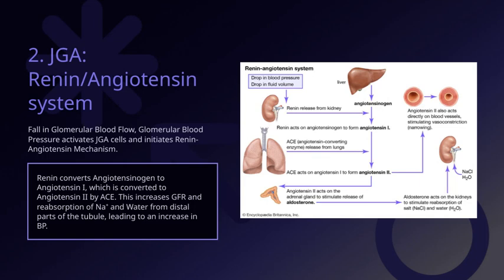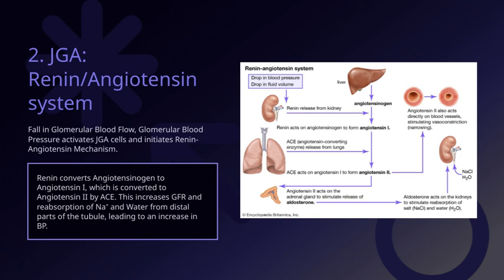Now, let's look at how the renin-angiotensin system works to regulate blood pressure. When there's a fall in glomerular blood flow or pressure, this activates the juxtaglomerular cells, also known as JGA cells. In response, they release renin, which is a key enzyme in this mechanism.